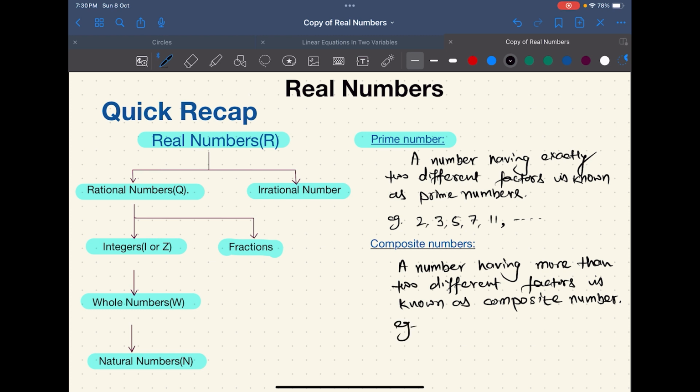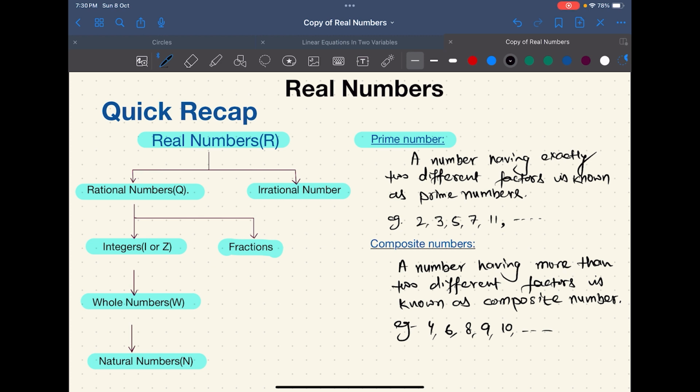For example, we can take 4, 6, 8, 9, 10, etc. So these are some of the basic numbers which we must know in order to proceed further with the real numbers chapter of class 10.